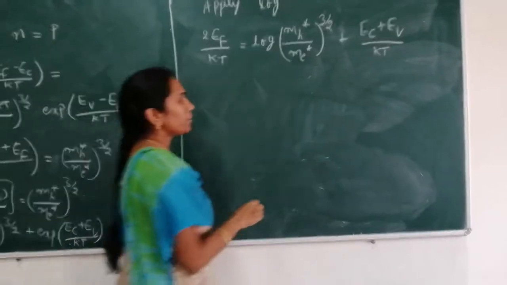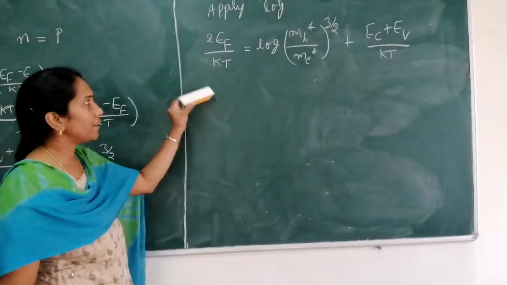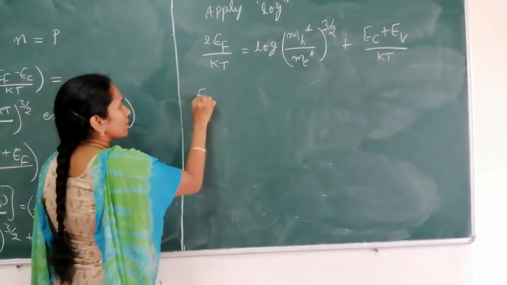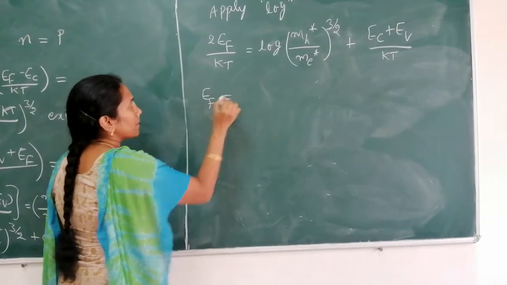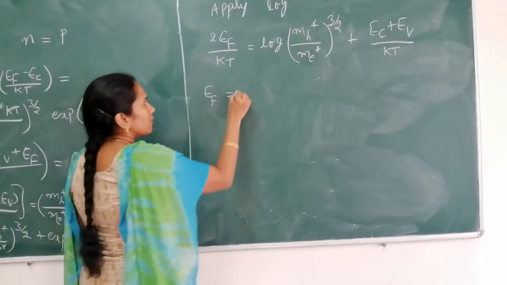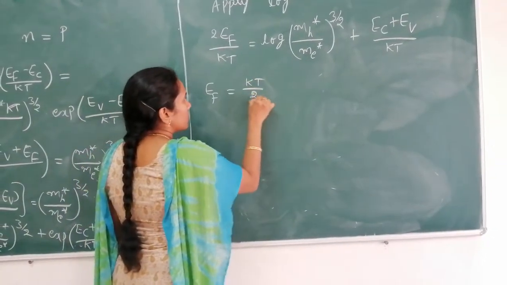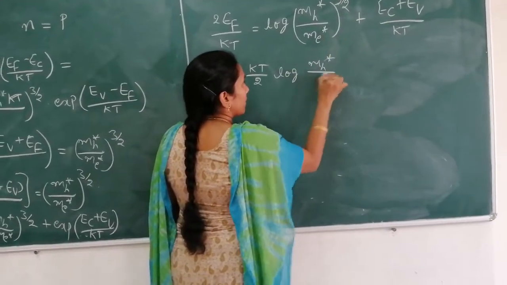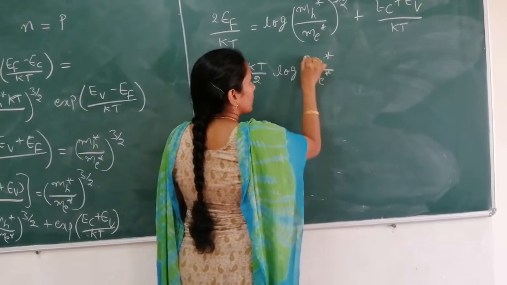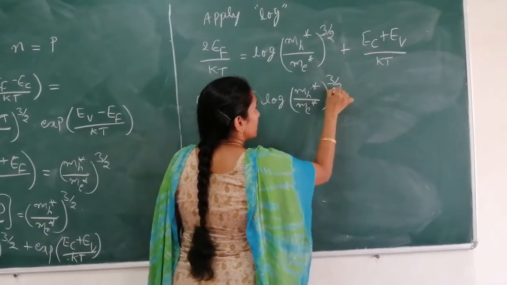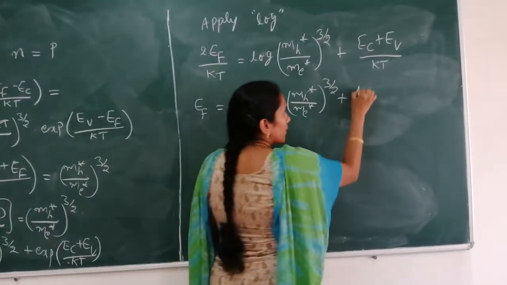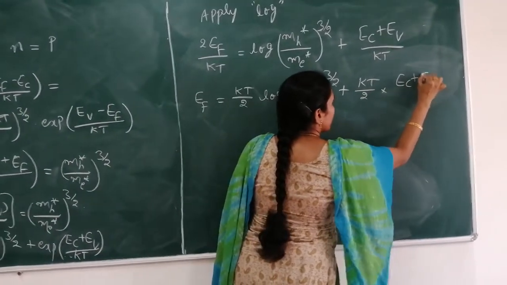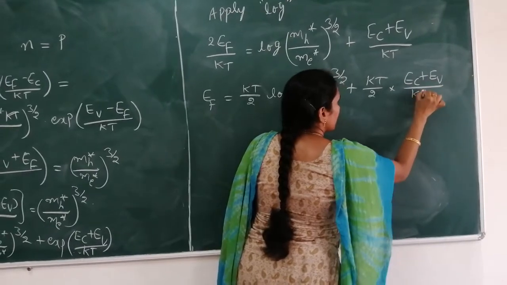Now keep EF as it is on the left side. This 2 by kT, take to the right side. So when you take 2 by kT to the right side, it becomes kT by 2. So EF is equal to kT by 2 log of (mh star divided by me star) whole power 3 by 2 plus kT by 2 into (EC plus EV) divided by kT.